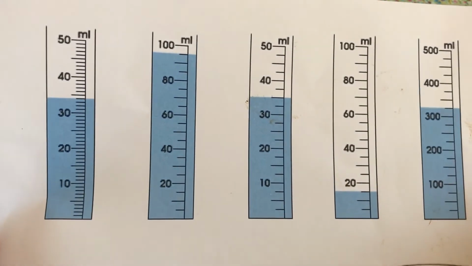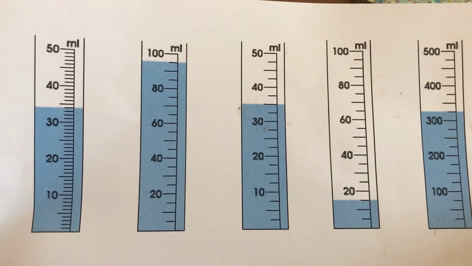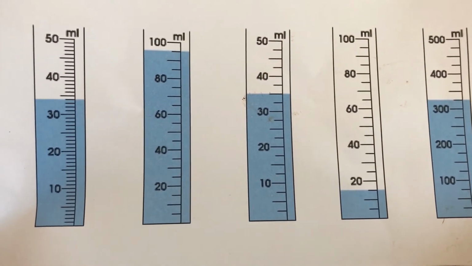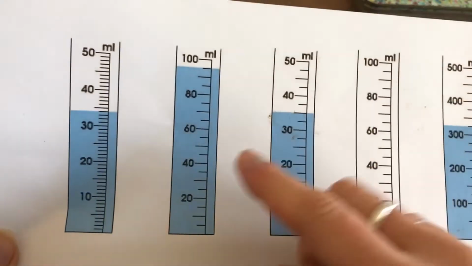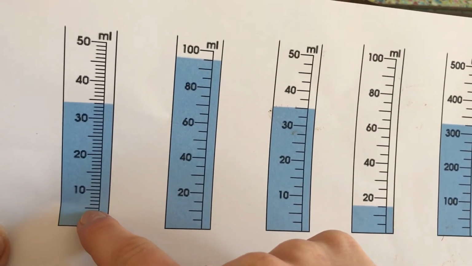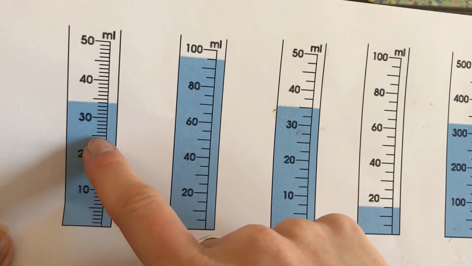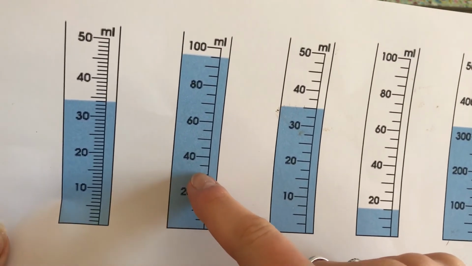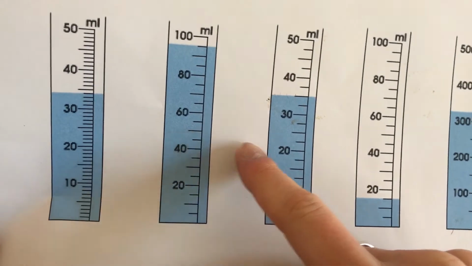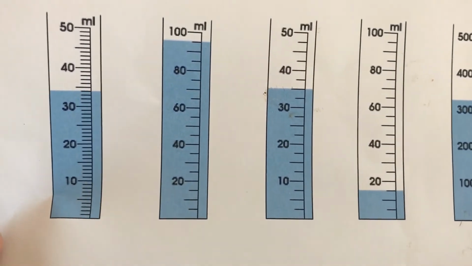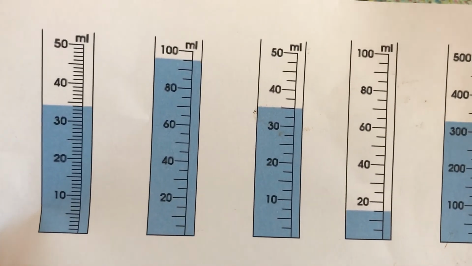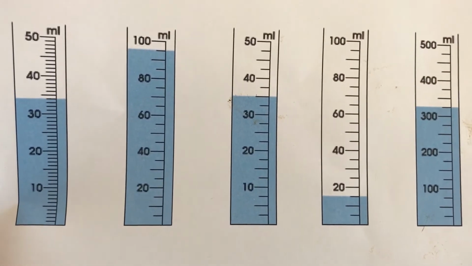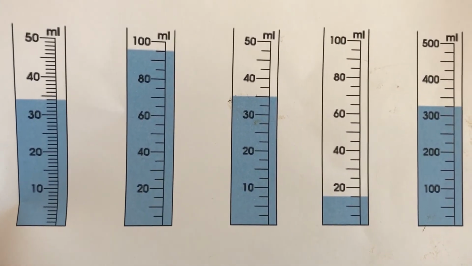So if you have a look in between the numbers on these scales, can you see some of the lines in between that are a little bit longer? So all of these ones we've got here, that one's longer, that one's longer, that one's longer over here, that one's a bit longer than these, this one's longer, this one's longer. Now that's demonstrating to you that that is a midpoint, and that is a really good place to start working out what the other numbers are.